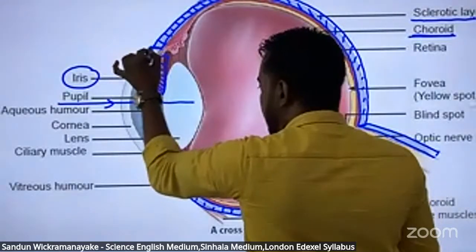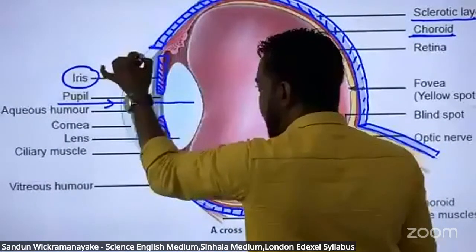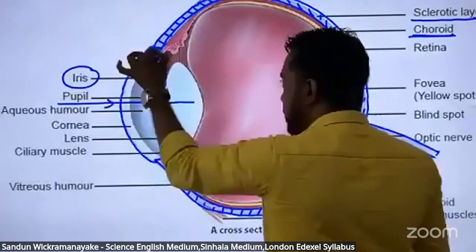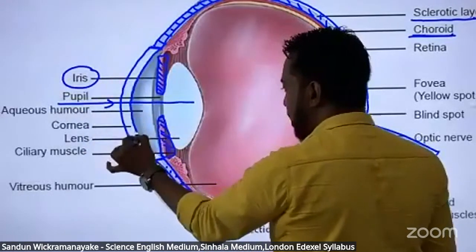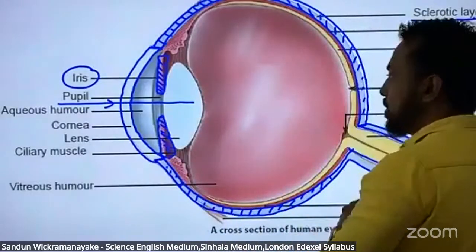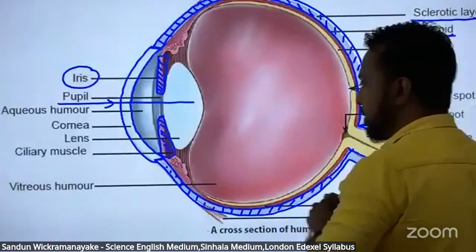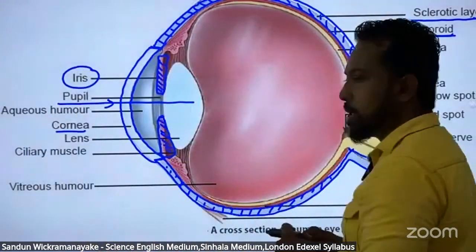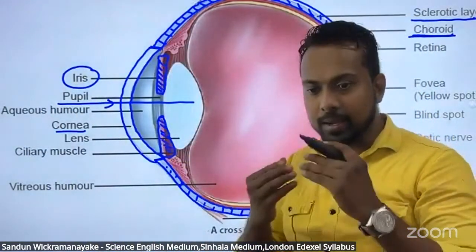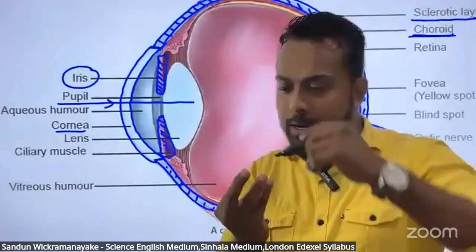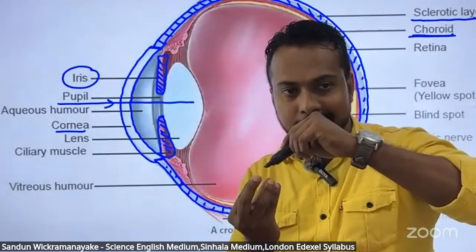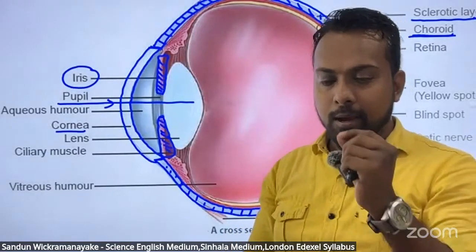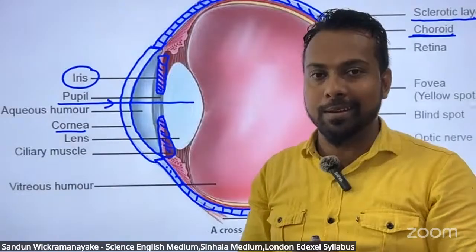From this point to here, this layer is a kind of transparent layer known as the cornea. I will cut around it next week, and I will show you how transparent that is, right?